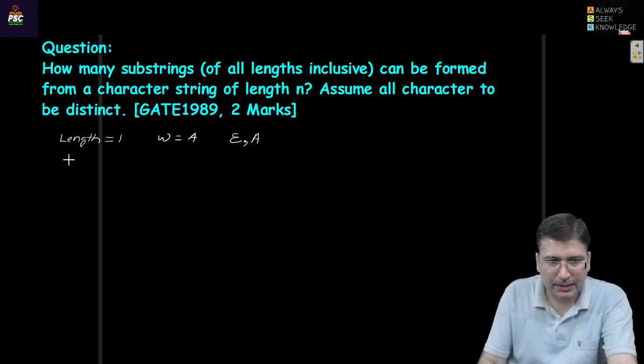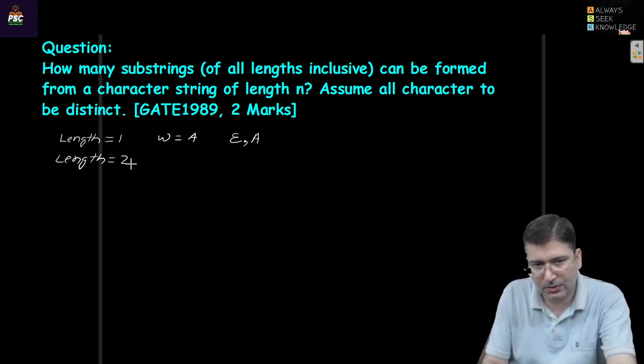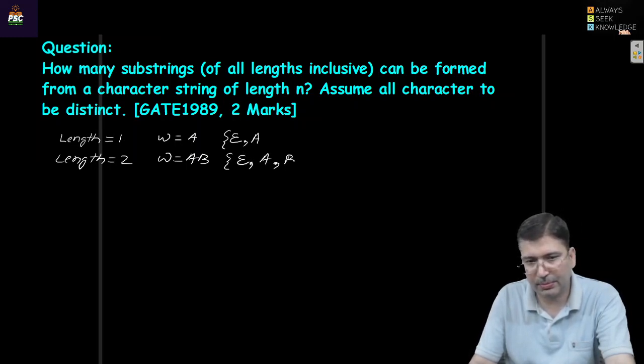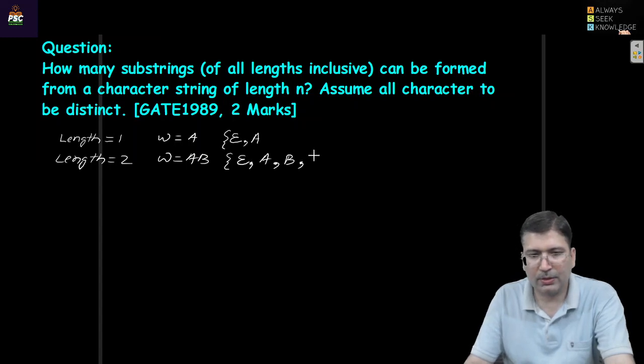In case I take the length of the string as 2, I'm assuming w is ab. Now here we will have all the substrings: epsilon, a, b, and then 2 length, that is ab.